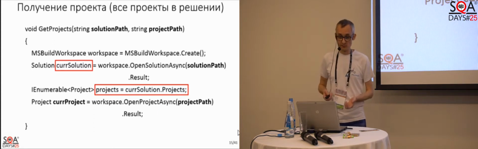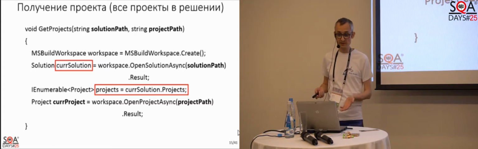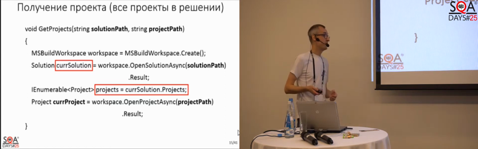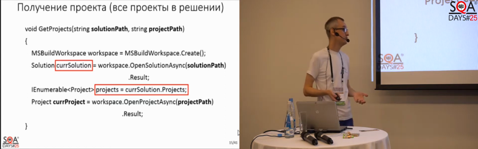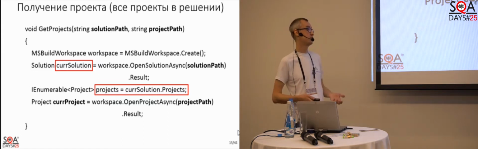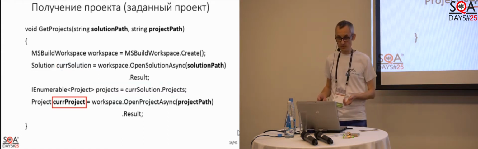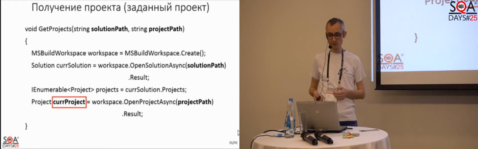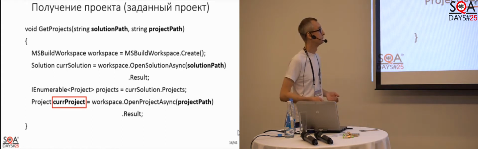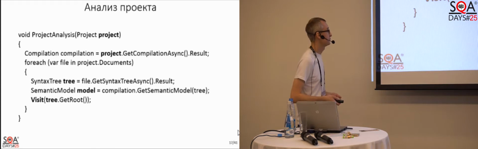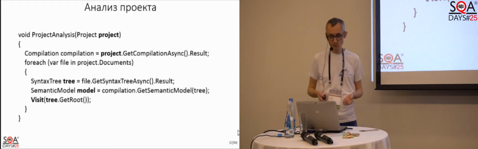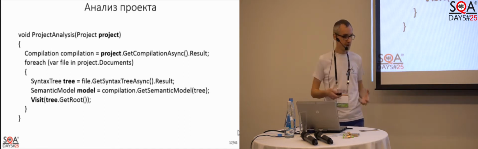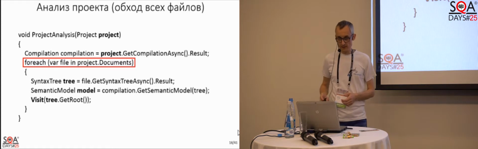Depending on what you want to work with, if you look at the last line, you can see it can give you the solution, which you can use to find information about all the projects. What do we do next? The second option is to receive the project directly, the same way, if you know the path to the project. Again, you need to analyze the project, basically do the job to review the files, making trees and receiving values.